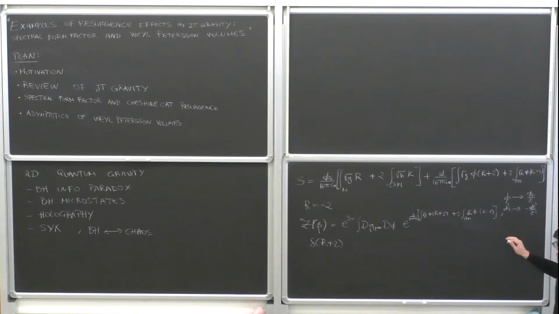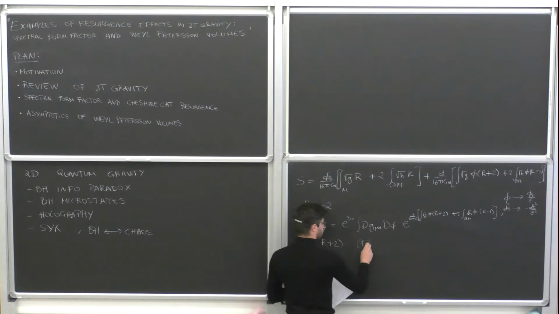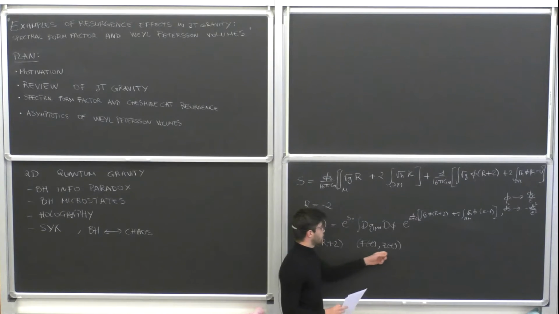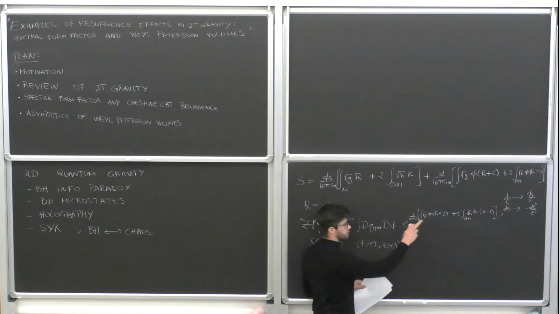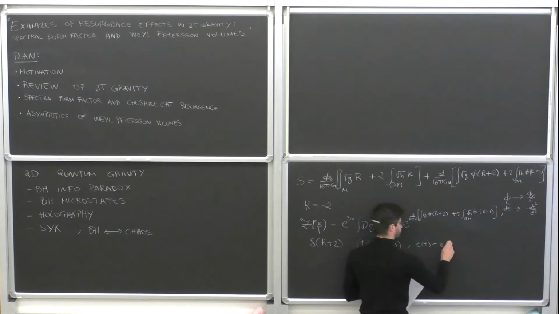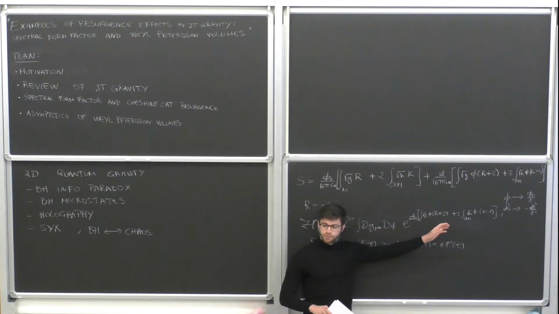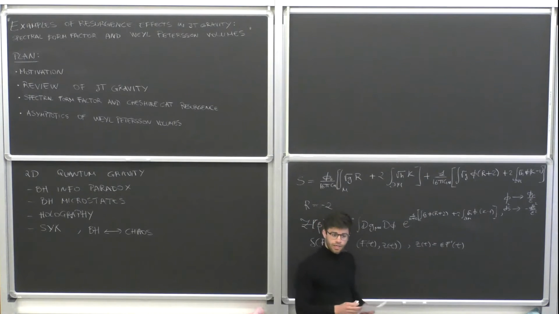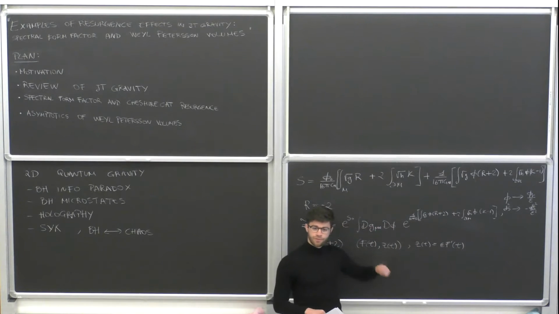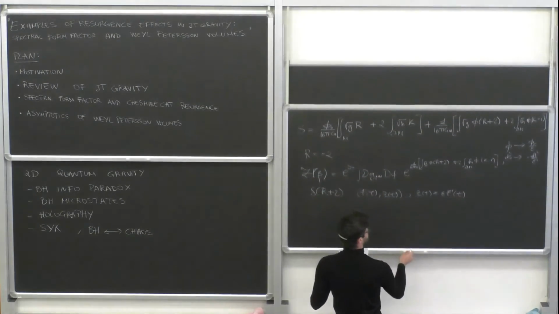And if you do this, if you parameterize your boundary curve in this way, let's say, with two functions, f of t and z of t, you discover that only one of them is fundamental, because this z, in order to respect those boundary conditions, has to be expressed in terms of f, and this f is actually the remaining degree of freedom of the theory and what you have to path integrate on. And what you discover after that is that you can express the trace of the extrinsic curvature in terms of this f and perform your computations. At the end, what you obtain is the following result.